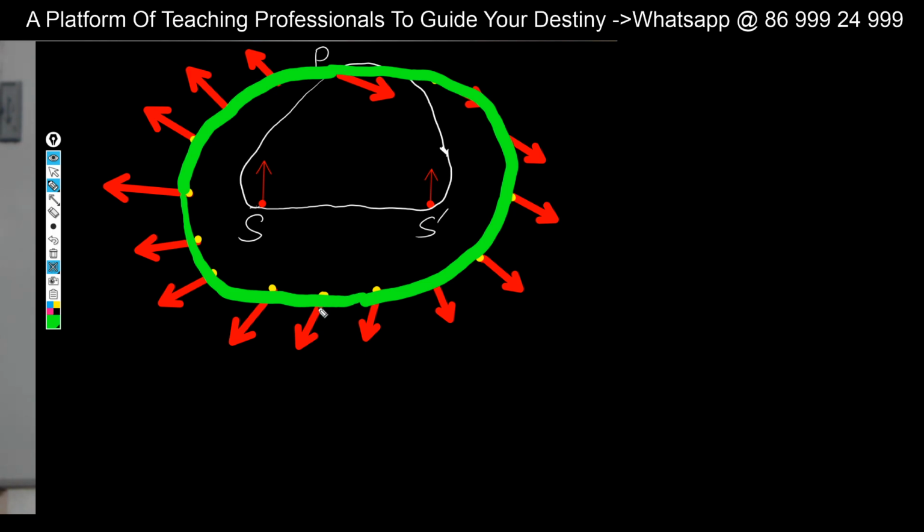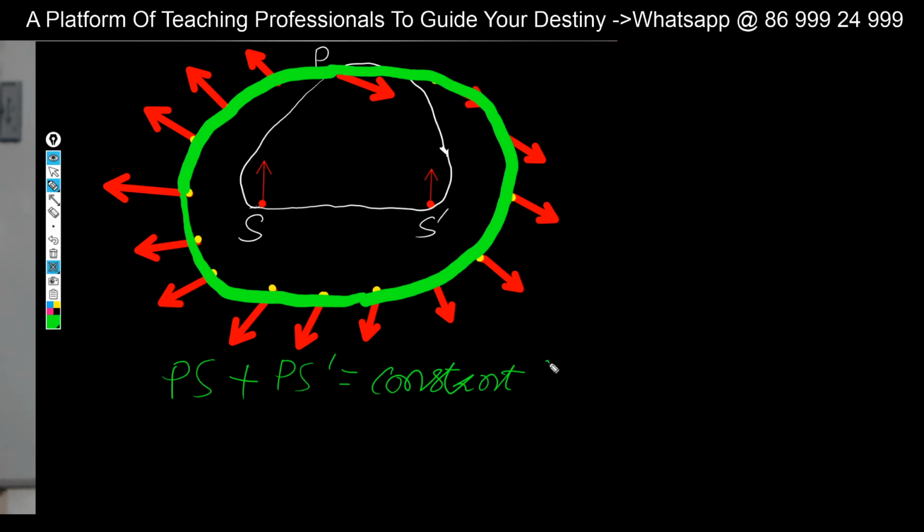So what is that you understand algebraically? The distance from P to S plus distance from P to S dash is always kept constant, keeping the thread tight means the distance is kept constant.